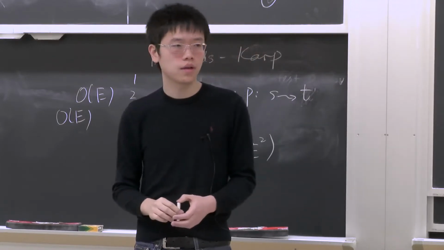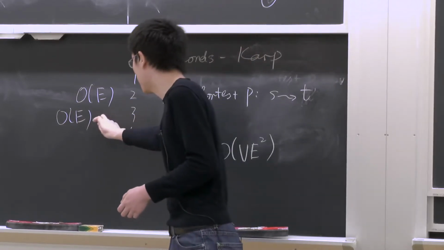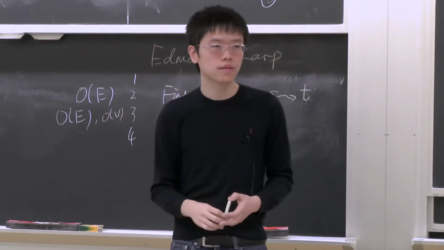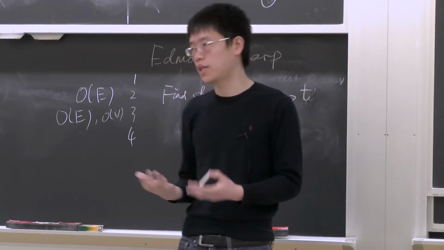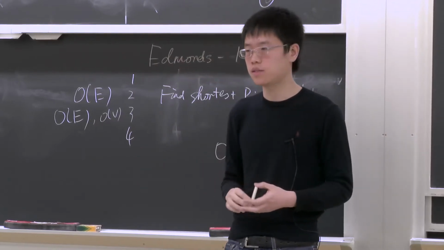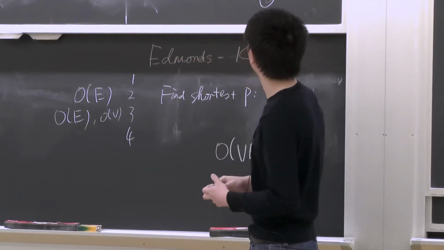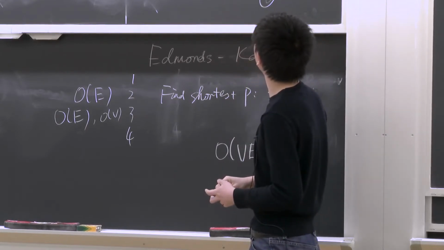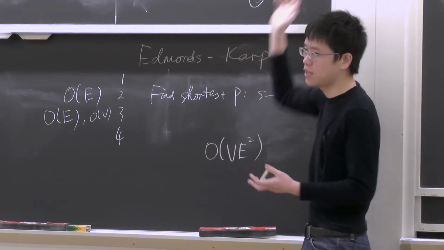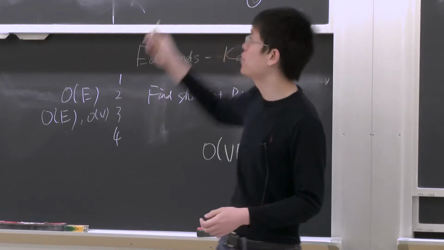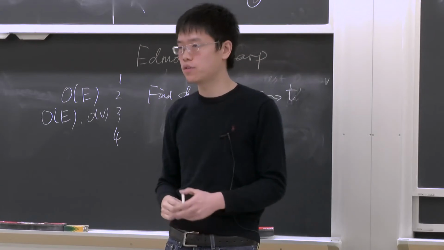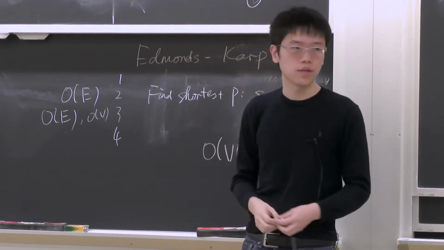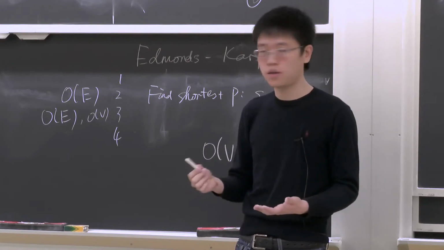But I claim we can also say it's O(V), right? Because the shortest path at most has V hops. And then from F to F prime, I think in some sense these two are the same steps, also O(V), and then updating the residual graph is also O(V). So each iteration takes how long?